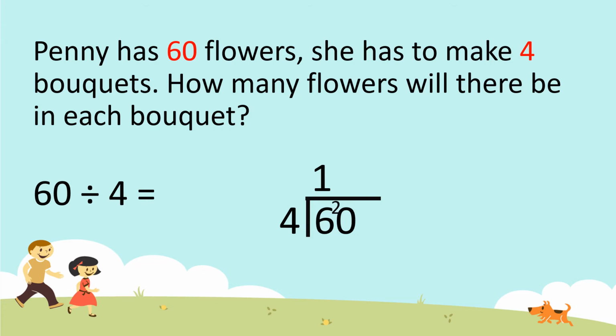As you can see, now we have a 20. So we need to find out how many times 4 can go into 20. 4 can go into 20 5 times. So on top of the 20, we would write 5. So 60 divided by 4 is 15.